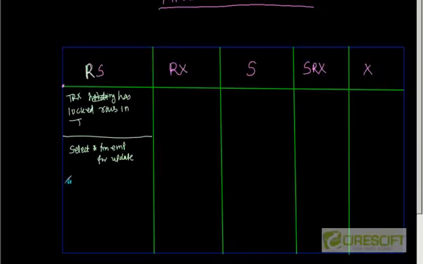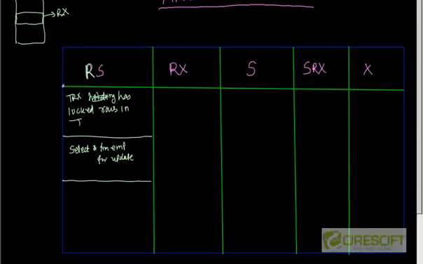Other transactions are then allowed to insert, update, and delete from the table, not a problem. Say we are doing select star from EMP where employee number is equal to 100 for update. In that case we will have a row lock, an RX lock, on this row, and an RS lock on this table.